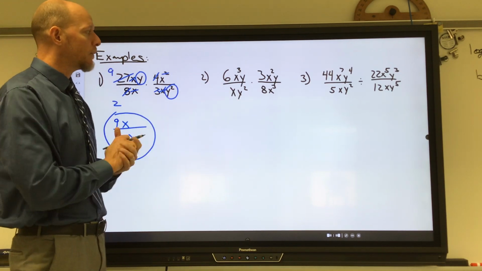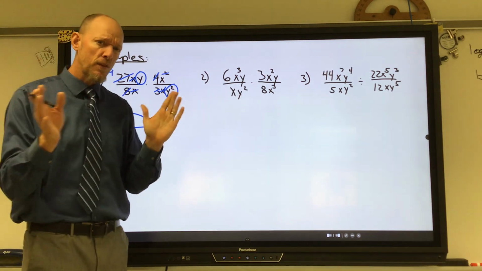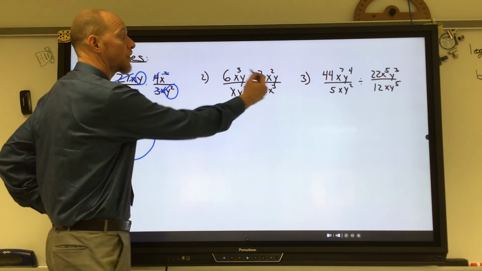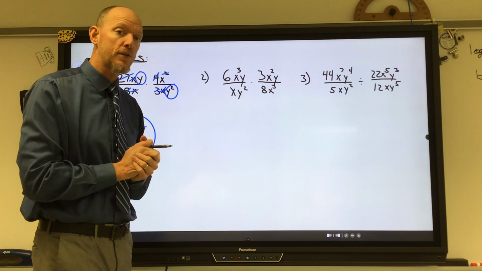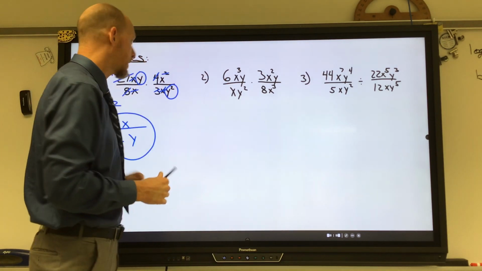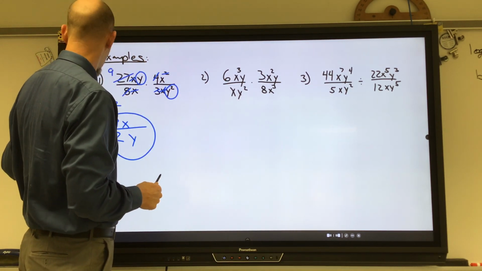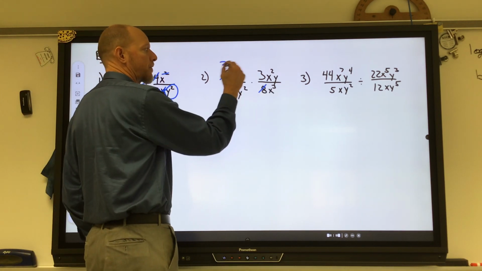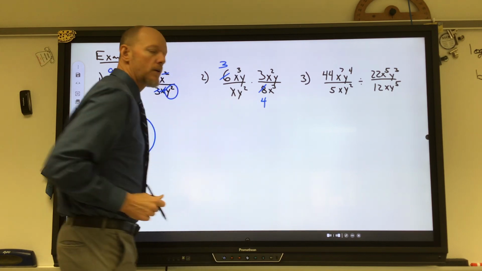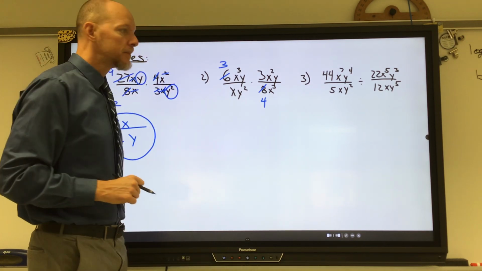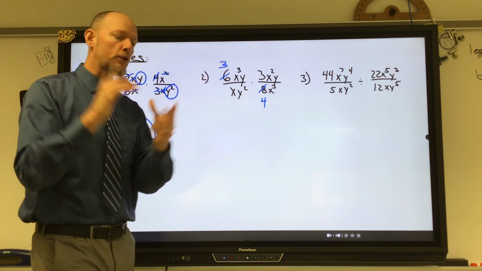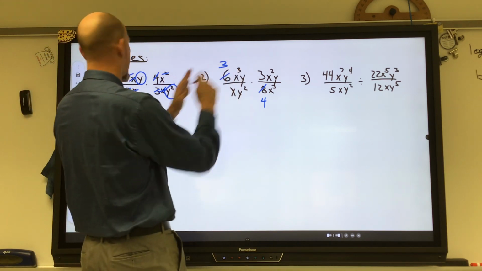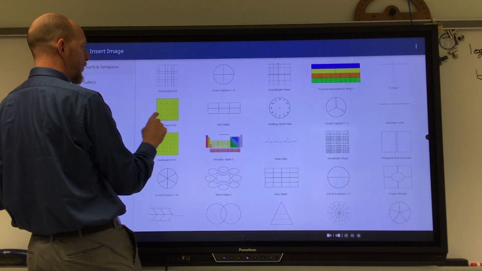If I look at this second one, nothing's going into each other evenly because the 3 and the 6 are, quote-unquote, on the same level. They're both in the numerator. So one of the things I see here is the 6 and the 8 can be reduced by a factor of 2, which gives me a 3 and a 4. Now, just to show an alternative strategy, I'm going to focus in on the first fraction.